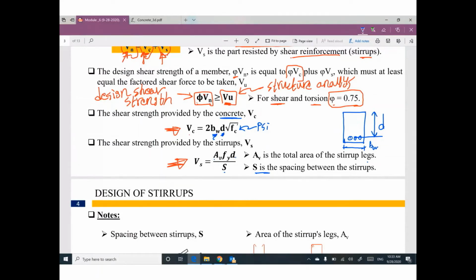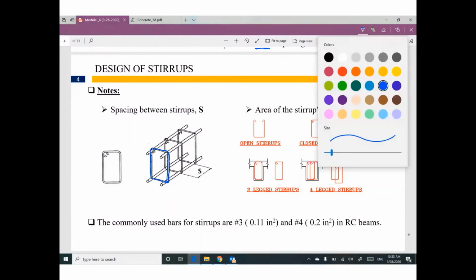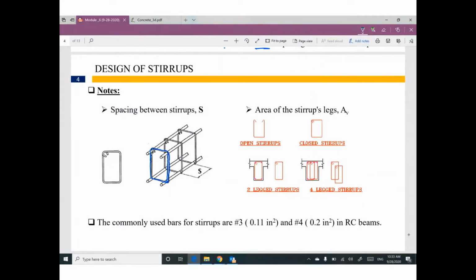Your stirrup in real life looks like this one. Right? So how many legs do you have here? 1, 2. This leg has an area, this leg has another area. So Av is the total area of the stirrup legs, this cross section plus this cross section.